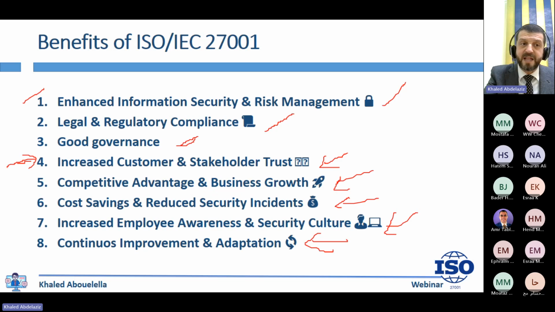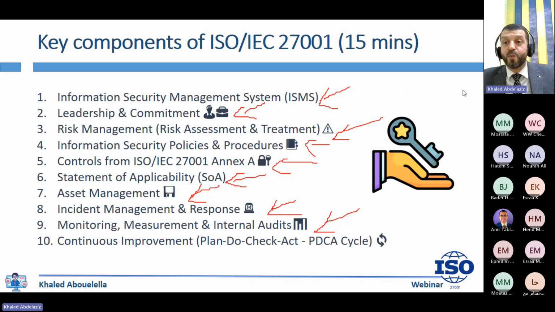It's a journey, and before you call for a certification audit, you need to implement first. You cannot implement and then call immediately for a certification audit, because a certification audit needs to see evidence, minimum 3 months of evidence.